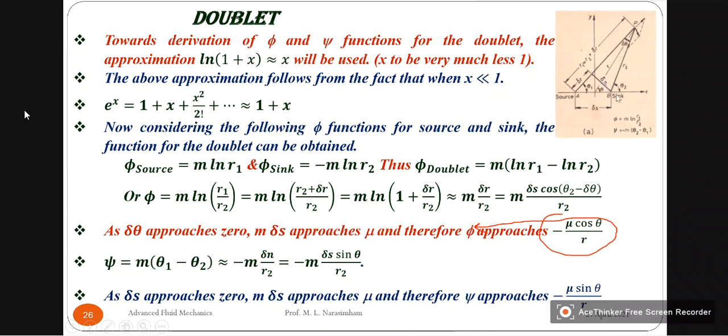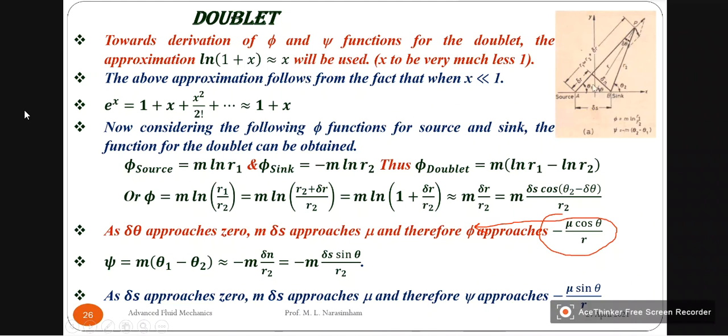So this distance is r into angle, this arc distance is equal to r theta. The arc distance is r into theta. So here r is r2 and theta is delta theta.